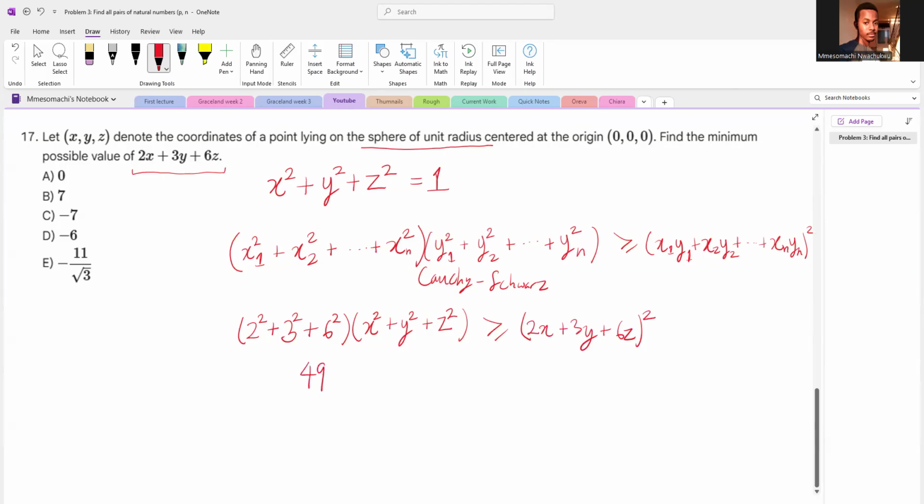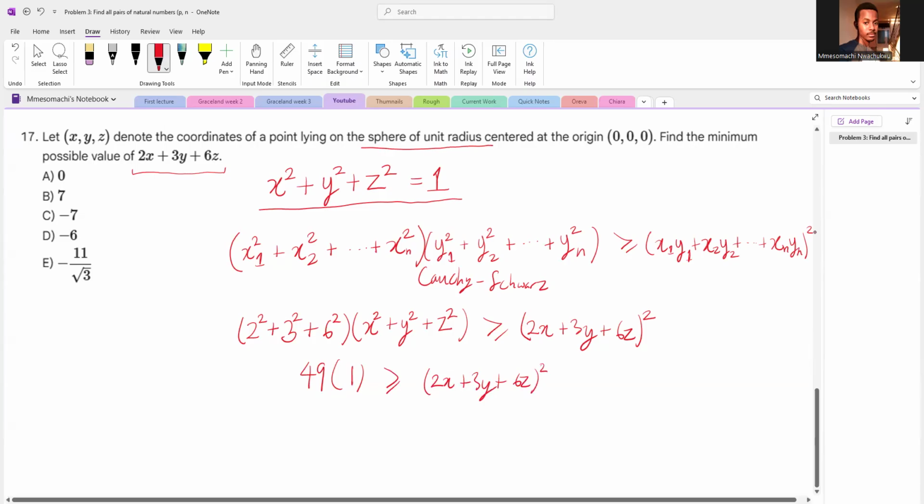Recall we are picking points on the unit sphere. Okay. So it means we're centered at the origin, so x squared plus y squared plus z squared for any point on that unit sphere is 1. So 49 is greater than or equal to 2x plus 3y plus 6z squared. Okay. So we can take the square root of both sides. And what do we have?